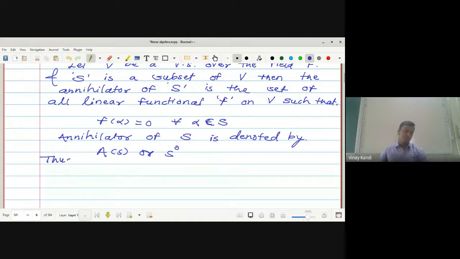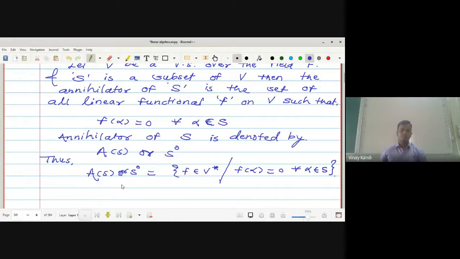Thus the annihilator of S, or S dot, is equal to the collection of linear functionals from V star, that is, the set of all linear functionals f on V, that is, f belongs to V star such that f of alpha is equal to 0 for all alpha belongs to capital S.